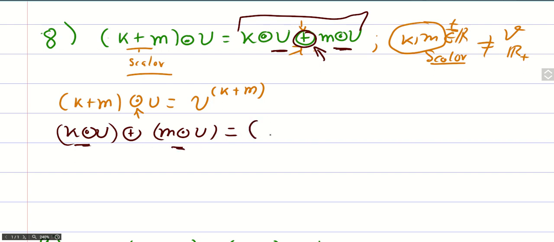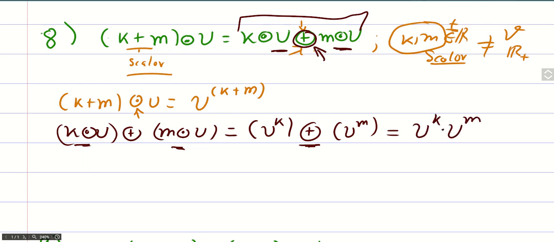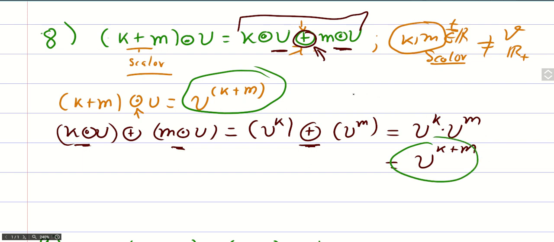So this is just u^k plus u^m, but the summation in this space corresponds to the usual multiplication. So that means u^k times u^m, and this we know corresponds to the sum of the exponents, so k plus m, and you can see that both of these expressions are the same.